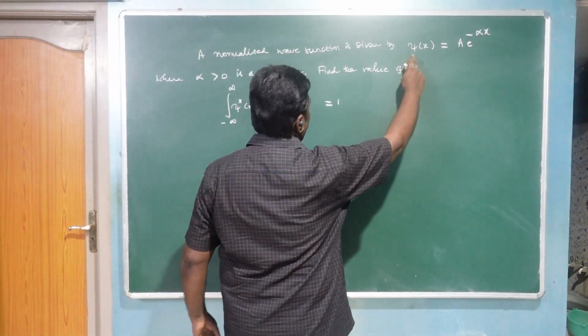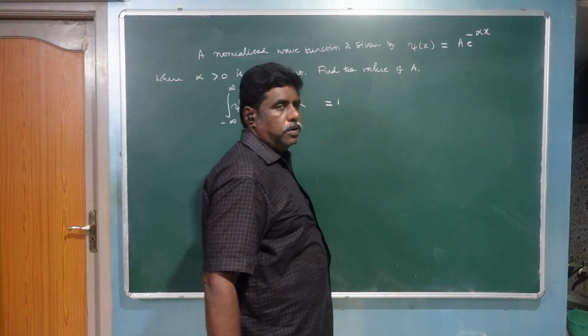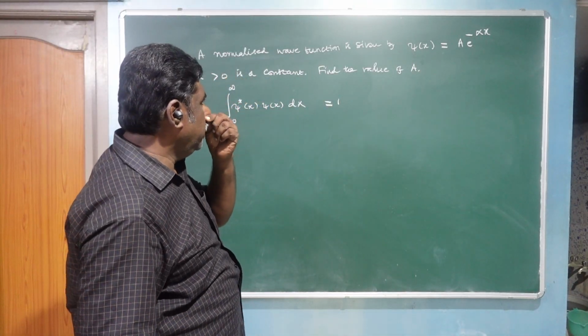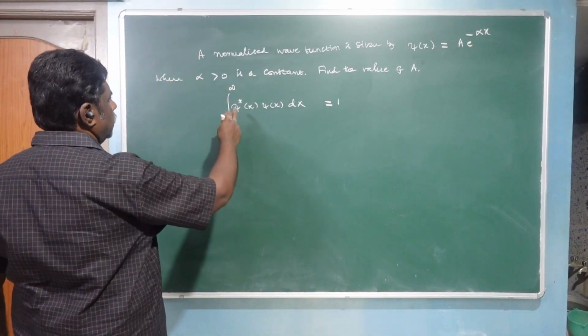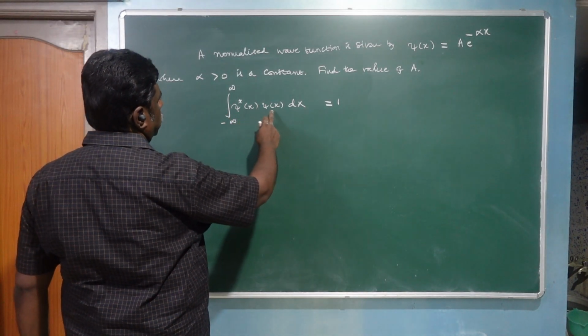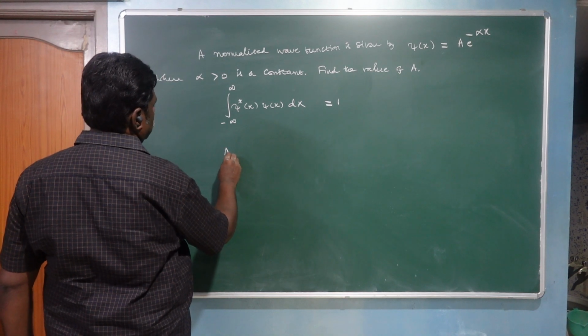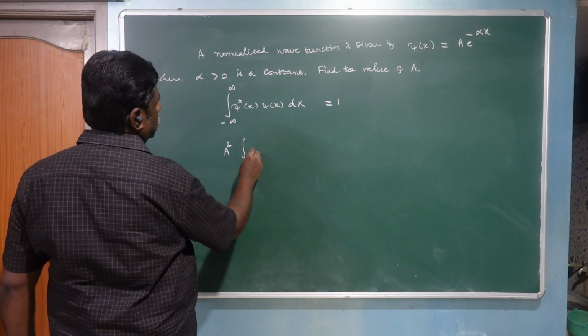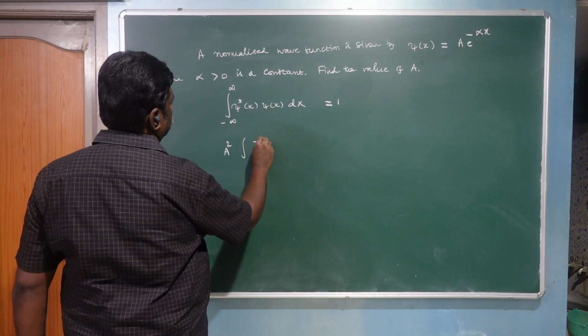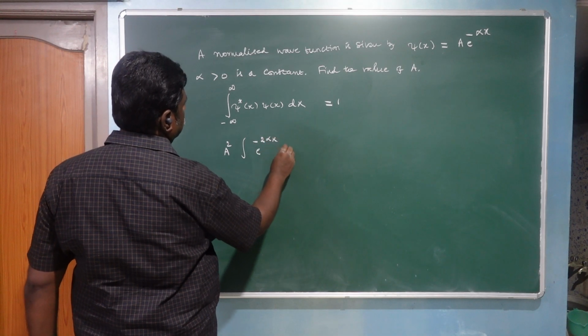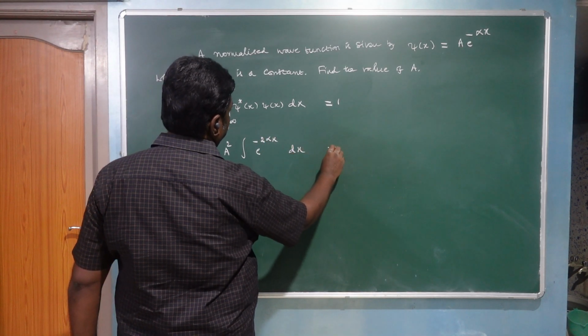If you consider the wave function psi of x equal to A into e power minus alpha x, then psi star of x, psi of x dx is A square e power minus 2 alpha x dx, which is equal to 1.